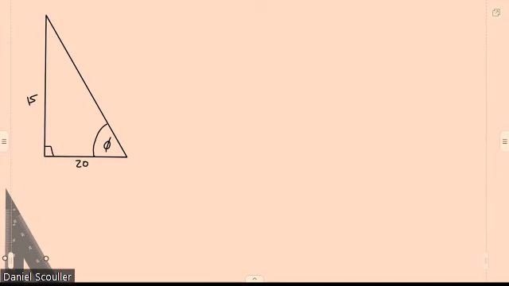Okay, so looking at that information there, we're now missing an angle, so we're getting asked to find the angle theta, just a Greek letter. This time we're trying to find the angle, so let's highlight that. Now what have we got?